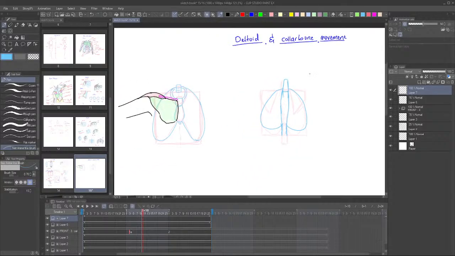So at the back, we're not going to see the clavicle there.